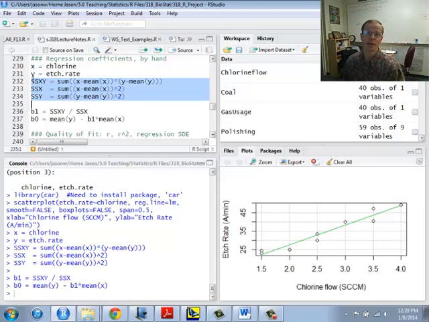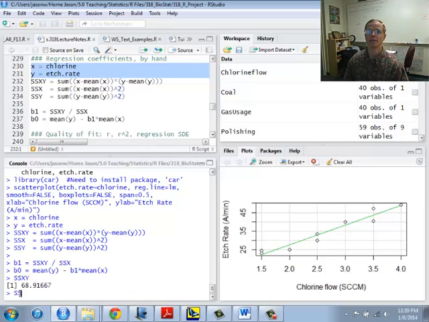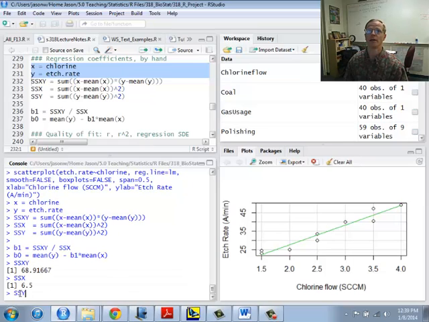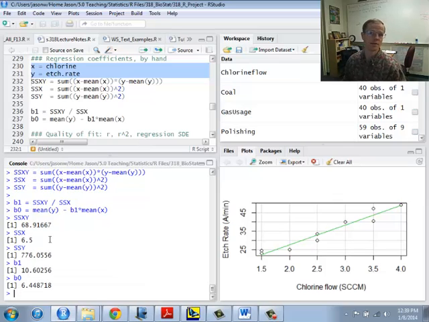Here's the same commands to get SSXY, SSX, SSY that we did in the correlation coefficient, and then B1 and B0. You could take any variables and just define them X and Y and get this stuff. So if I just look at SSXY, SSX, SSY, B1, B0, you can see that's the handwork that we did.